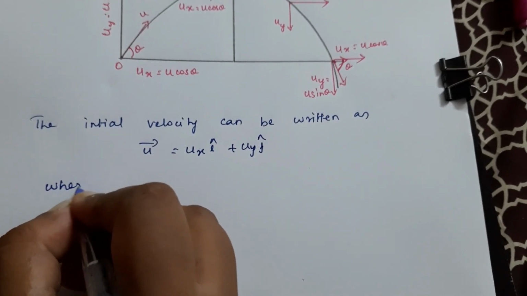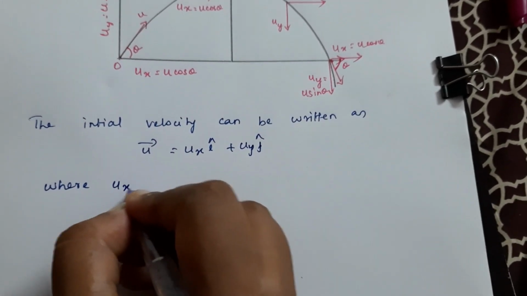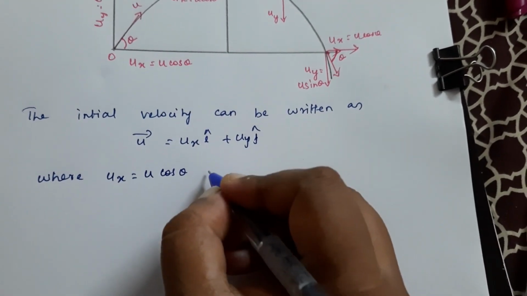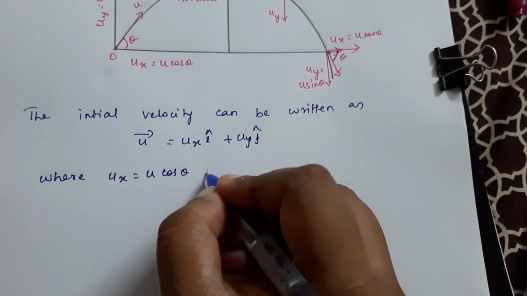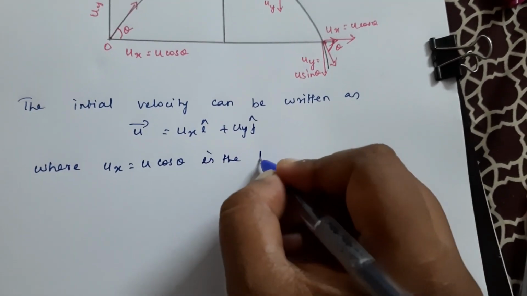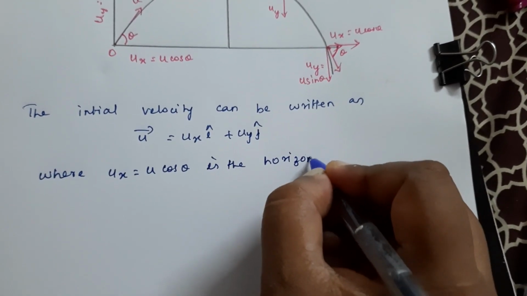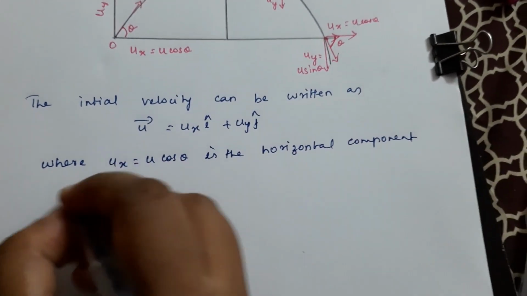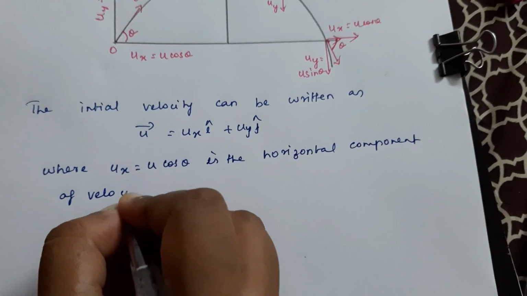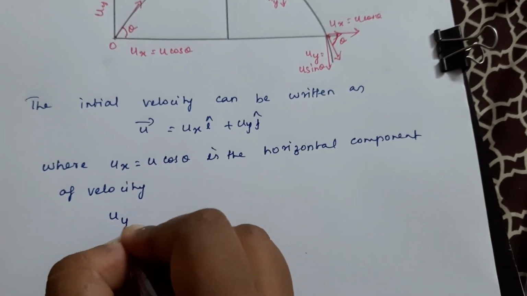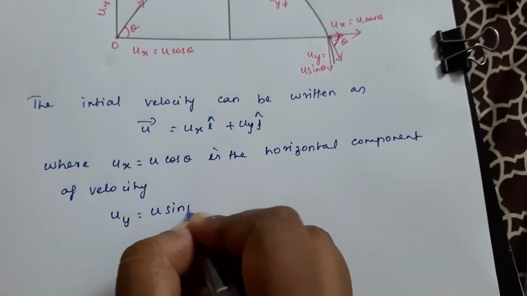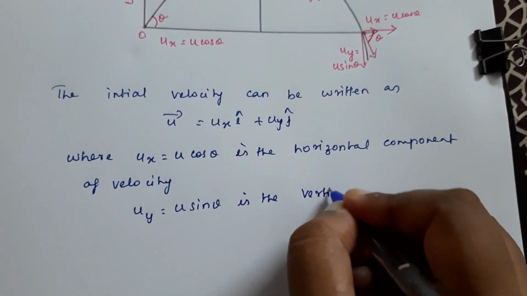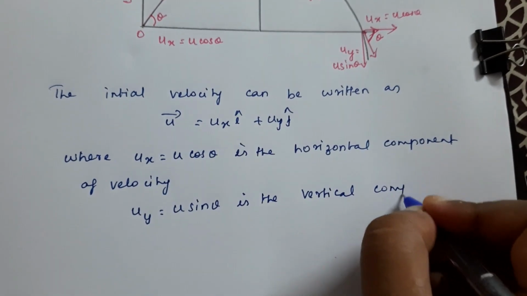Now what is ux? ux is equal to u cos theta, which is the horizontal component of velocity, and uy is equal to u sin theta, which is the vertical component of velocity.